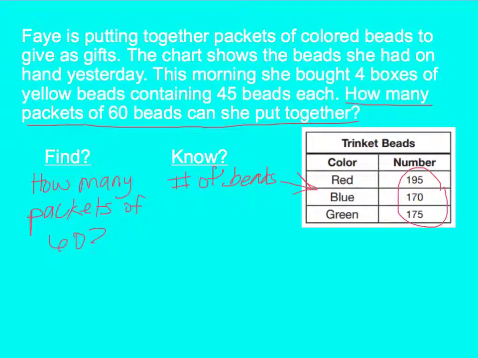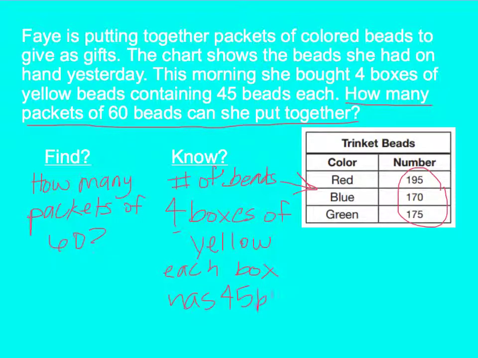We also know that she bought 4 boxes of yellow beads. And the last piece of information we want to consider is that each of these 4 boxes has 45 beads. So this is the information we know right now that's going to help us solve our final question of how many packets of 60.